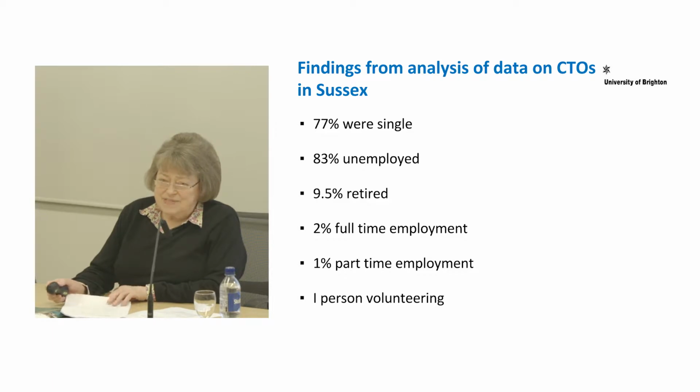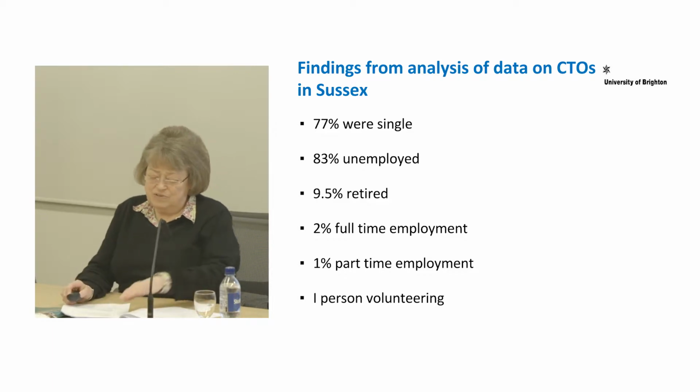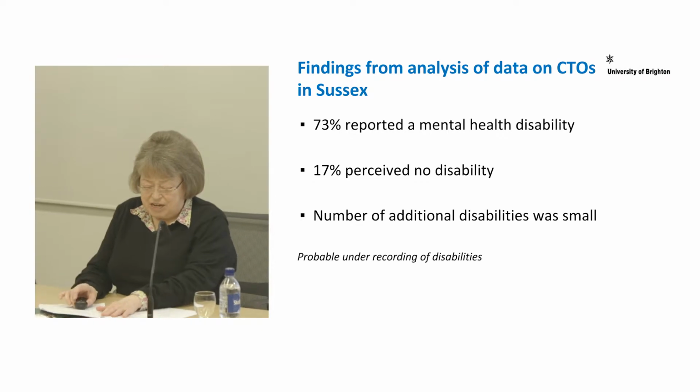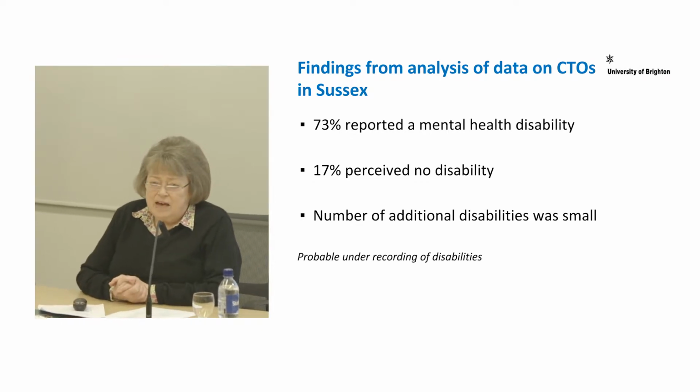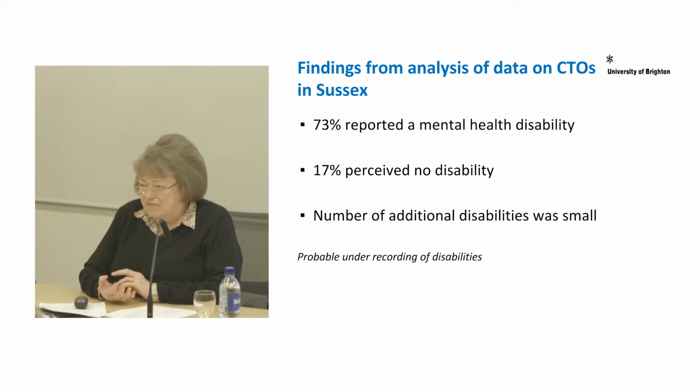And that gives some insight into likely needs and challenges. We suspect that there are higher levels of other disability other than mental health issues among this group, because this data is taken when people are admitted to hospital compulsorily for treatment and they're not well.